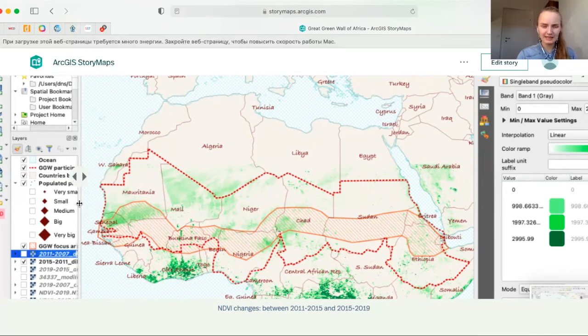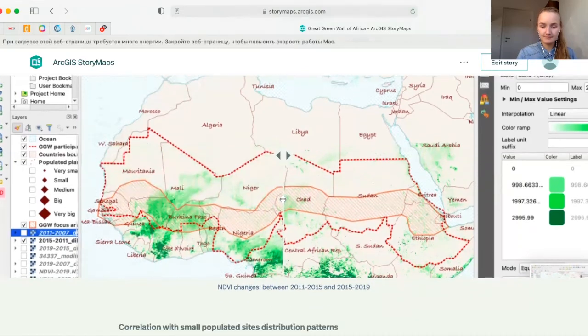We don't see any big changes here, but probably only in the Senegal and Mauritania areas, and somewhere in Nigeria and Chad. But that only represents NDVI changes. It doesn't mean that nothing happened or the forest died, because it's just changes in NDVI indexes.